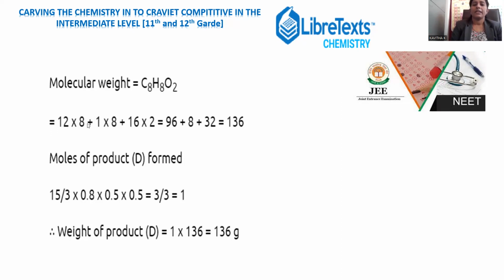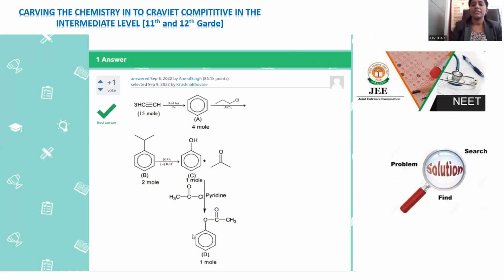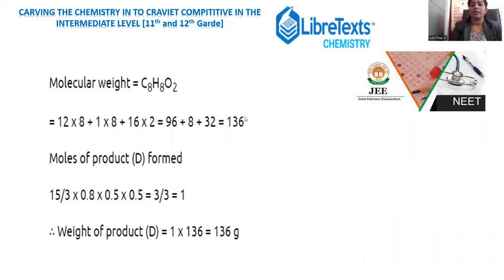All these can be summed, so that we get 136 as the molecular weight of this final ester. The final D ester product molecular weight is calculated as 136.